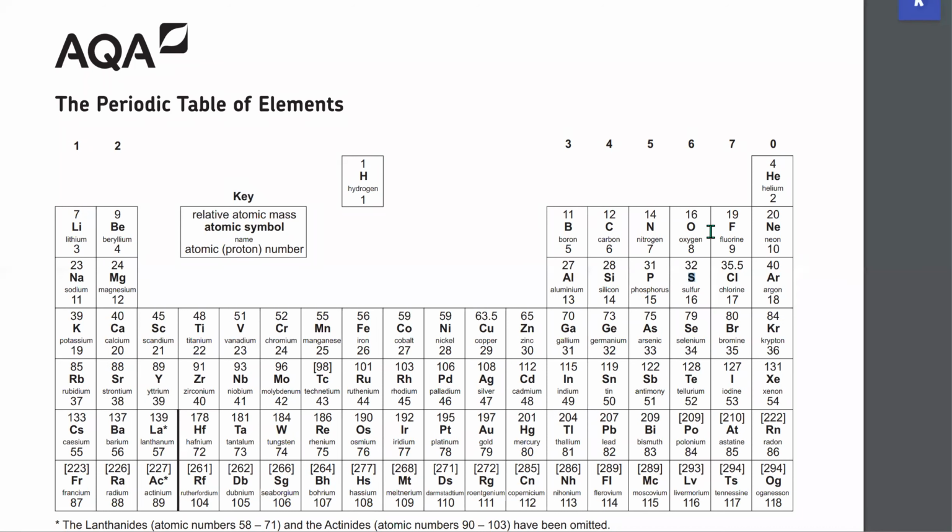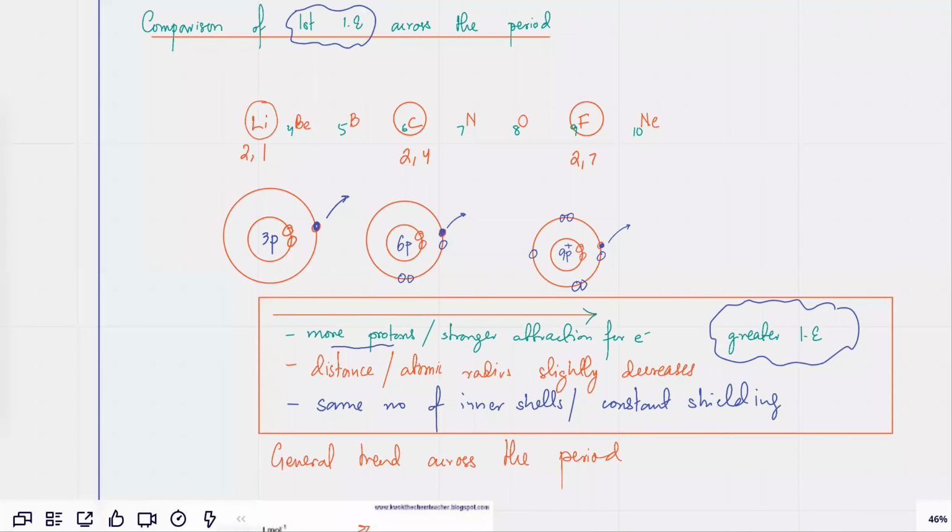Or it could be 9, 10, 11, and 12, where the period switches. Or it could be 11, 12, 13, 14. So it's not necessary that they're all in the same period. If you're starting at oxygen, then 8, 9, 10, and the last one is in the next period. But they are consecutive protons, right? The elements have consecutive protons.